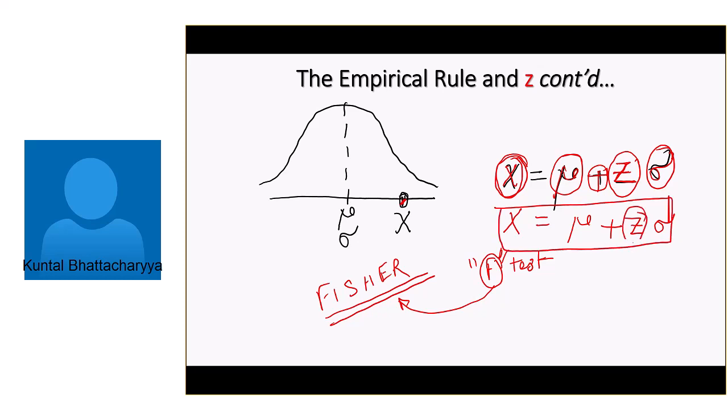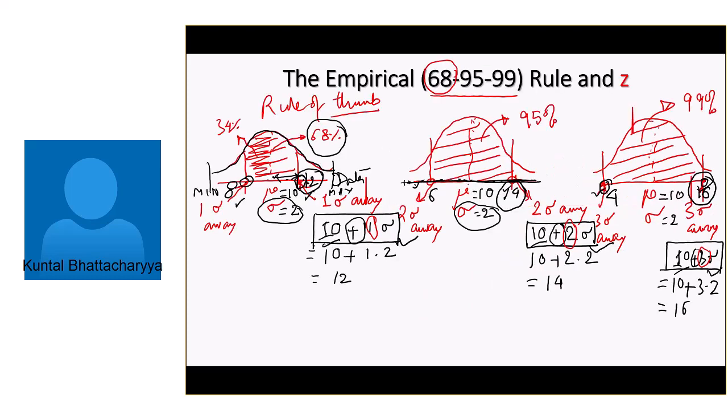So my friends, what does z mean? Z is a measure of what? Z is a measure of the number of standard deviations that a certain point x is away from the mean. How many standard deviations is that point away? Going back to here, this point 16 is 3 standard deviations away from the mean. So if I ask you, what is the z value here?